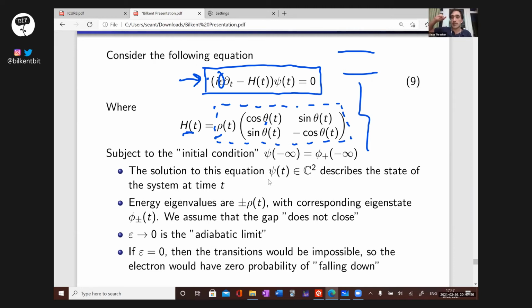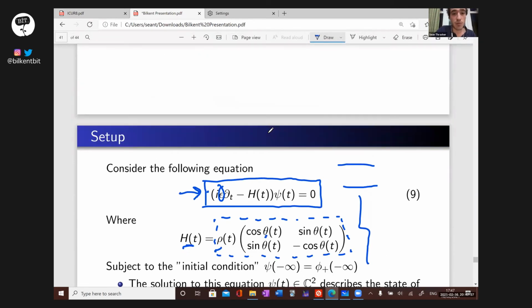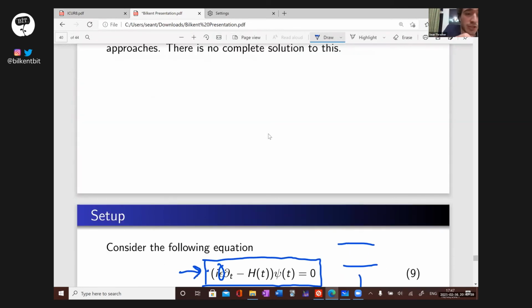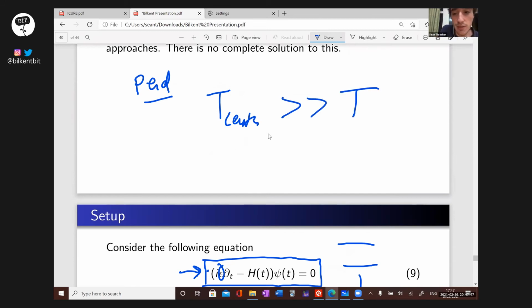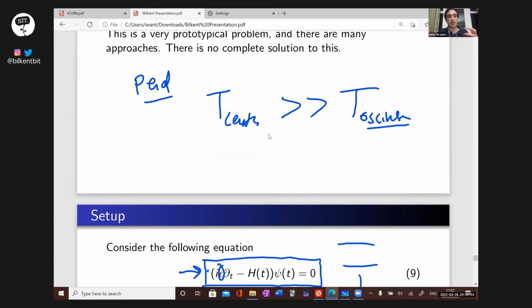It means that I make the length change very slowly compared to the period of oscillations. So, for the pendulum problem, the time scale associated with changing the length is much, much, much larger than the time scale associated with oscillations, okay? So you've got a separation of scales there, and that's where adiabatic theory can really come in.